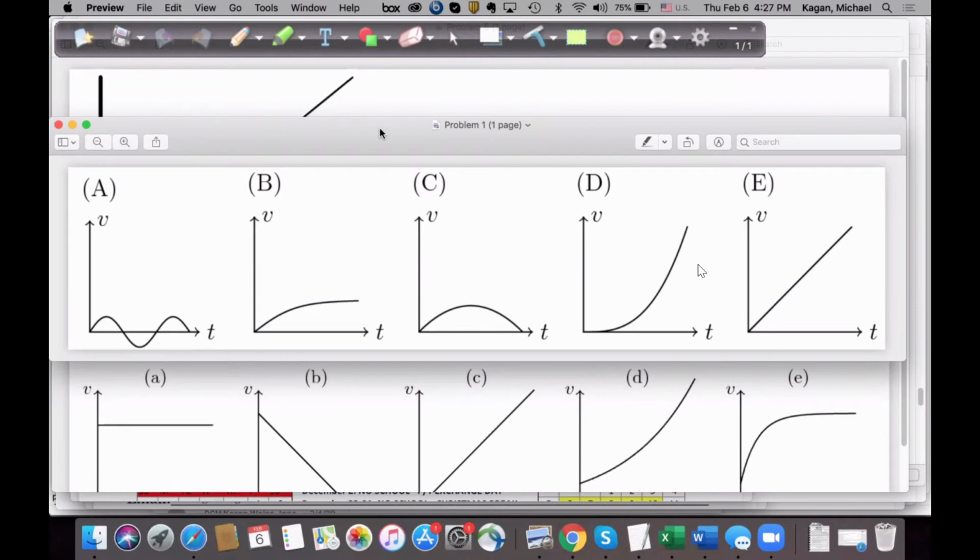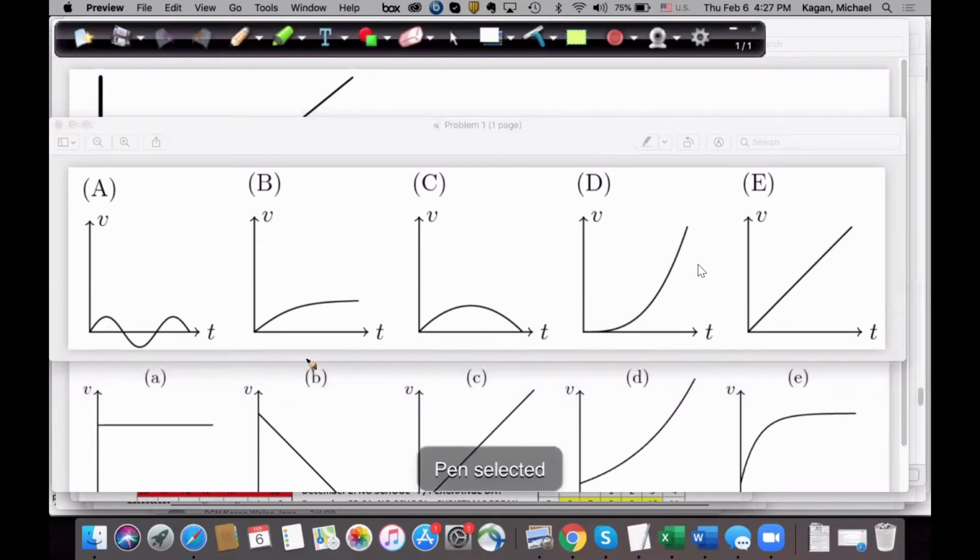So, a student obtained an equation for, where can I write? Yeah, here. A equals K minus BV for a certain motion, where K and B are positive constants.